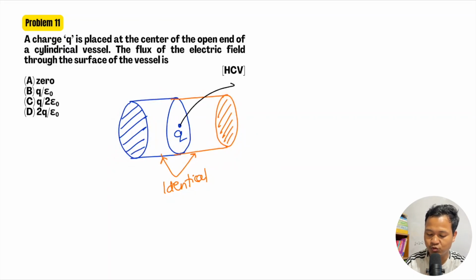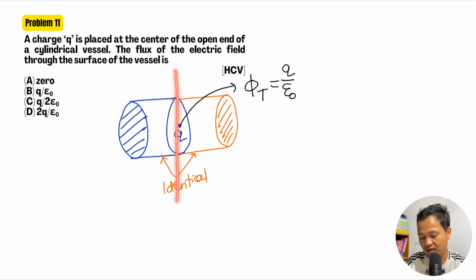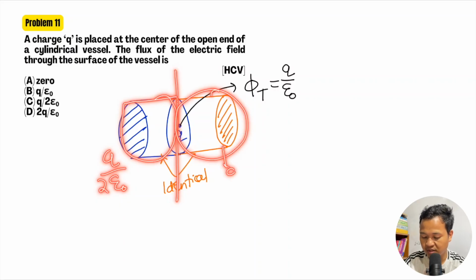So due to this charge, the flux throughout the total surface is Q by epsilon naught. If I divide it into half, the flux due to this side will be Q by 2 epsilon naught, and the flux due to this side will be Q by 2 epsilon naught.